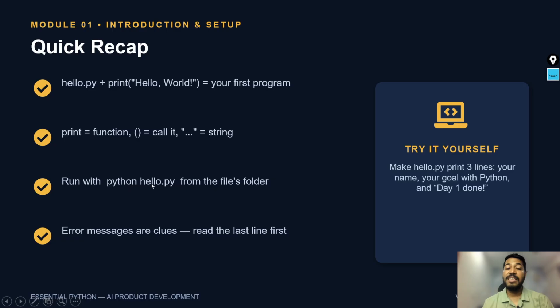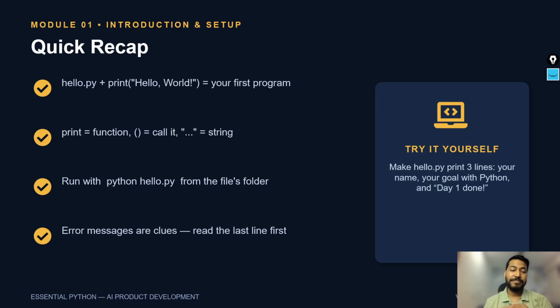Then we ran the Python hello.py file from the folder in the terminal. Then I created some error scenarios so that you can see, if you are replicating those kinds of errors during development while running the code, you will encounter them, and how efficiently you can find the place to fix them.